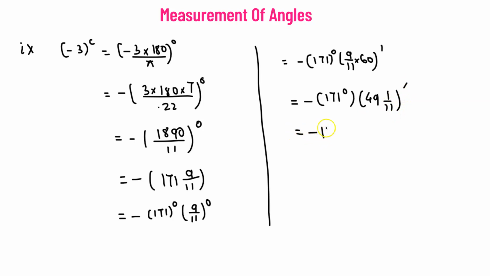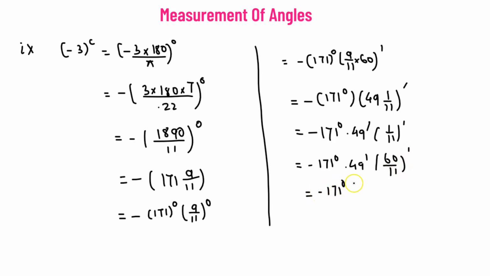So we'll get -171 degrees, 49 minutes and 1 over 11 minutes. We'll convert 1 over 11 to seconds. All we have to do is multiply it by 60. So we have 60 divided by 11, which will be -171 degrees, 49 minutes and 5 seconds. So this is going to be the value of -3 radians.